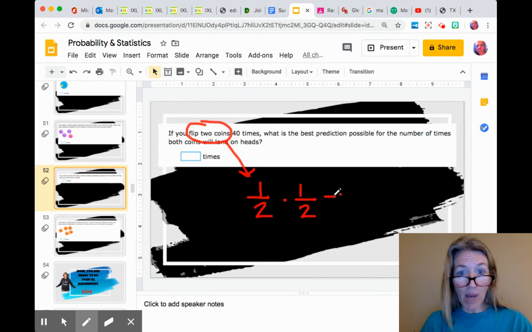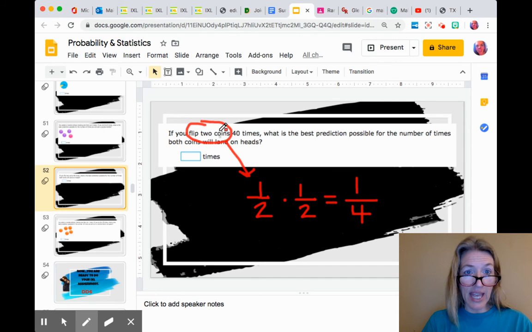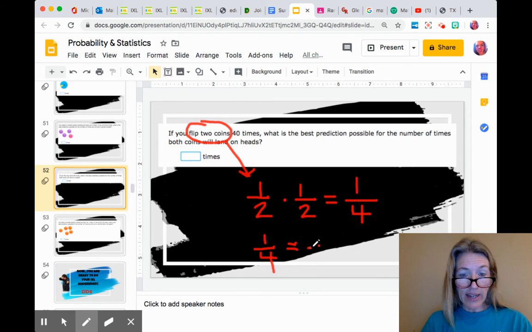So the probability of both of those things happening would actually be 1/4. Now that I know the probability of this thing happening, I can set this 1/4 equal to a proportion.